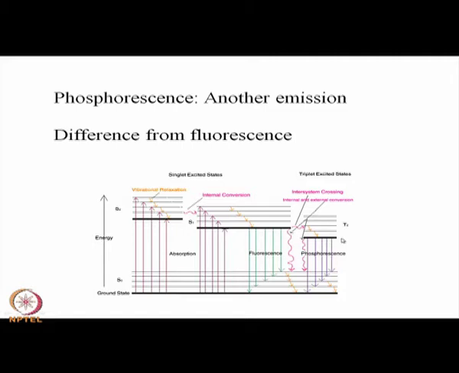That I will discuss in some other context, in the context of the radiative lifetime of a molecule. So I will discuss that later on. Therefore this is another specific type of emission, which is called phosphorescence.